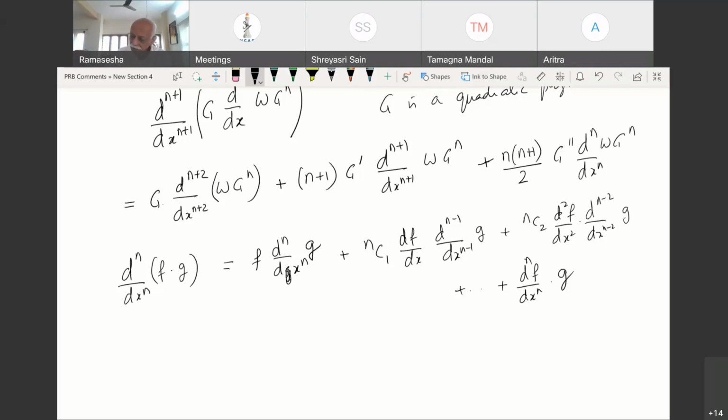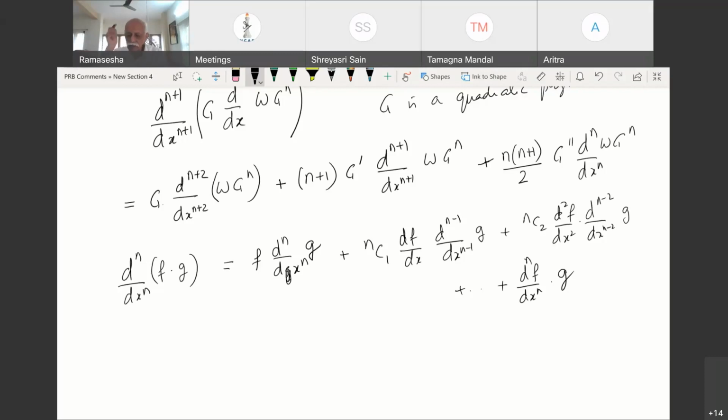You can verify this by differentiating fg with respect to x once, then again, and so on, and you can get the general formula. You can show that this is what you get by induction.